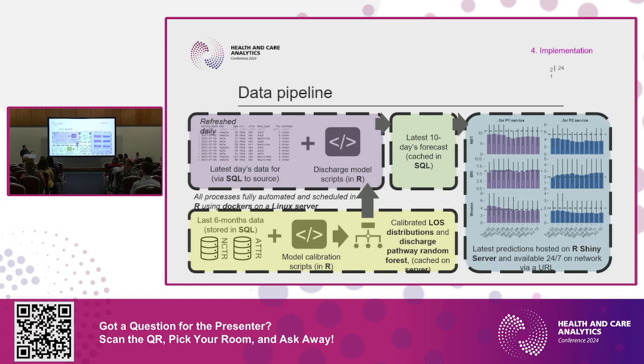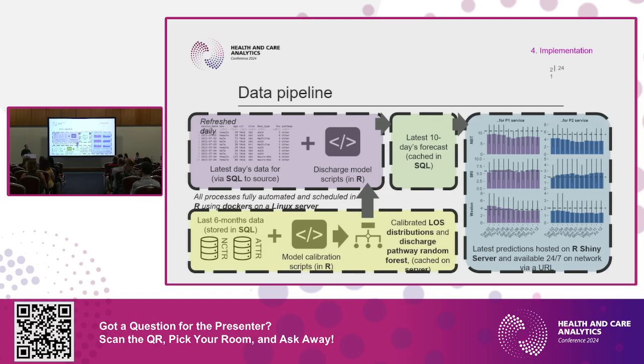As well as this, I have a second Docker that I use to run the calibration scripts. Whenever I want, I can ping that service off, and I'm thinking about what the refresh schedule should be on this. I think every quarter I'll rerun this and allow those distribution fits and random forests to be retrained.